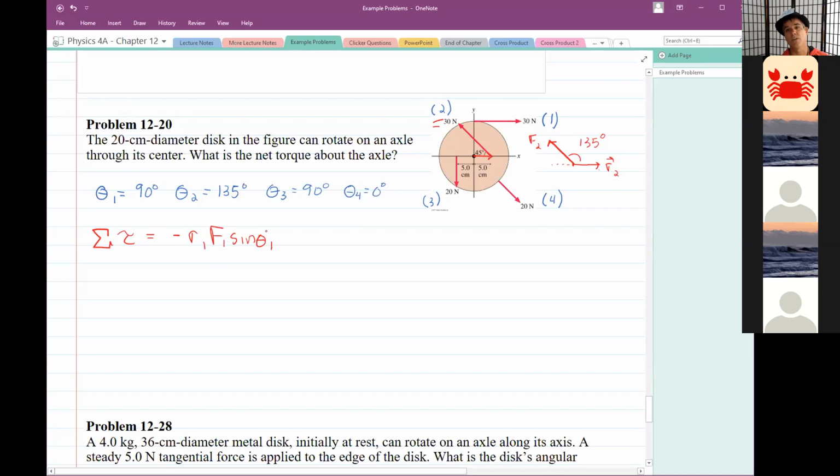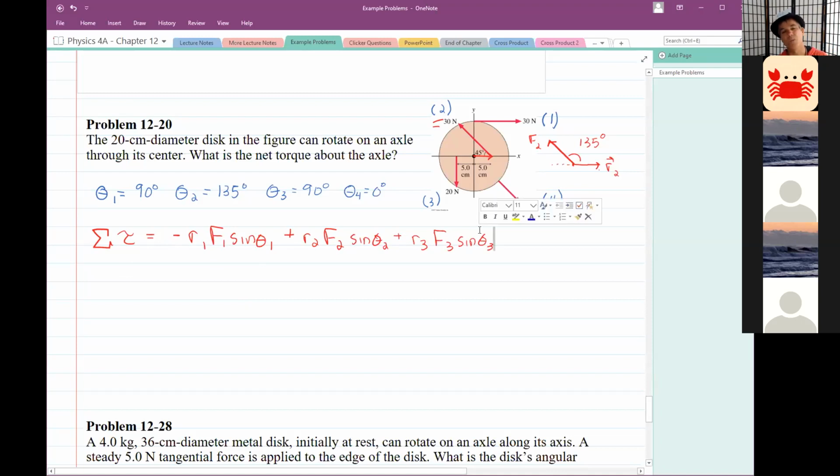And again, it's negative because it's tending to produce a clockwise rotation, plus R2 F2 sine of theta 2, plus R3 F3 sine of theta 3.